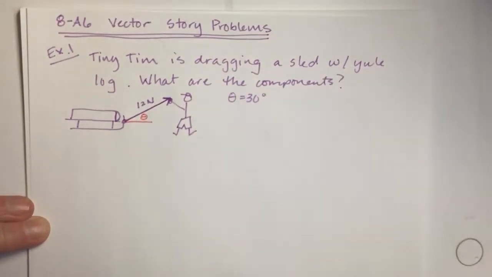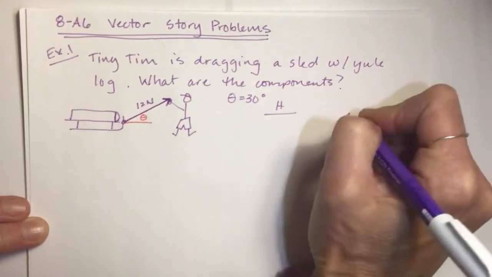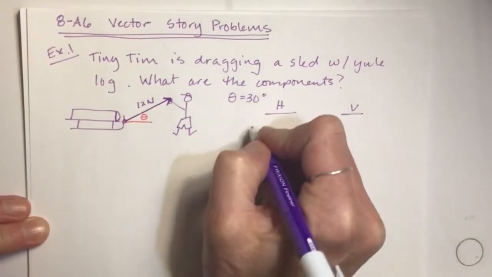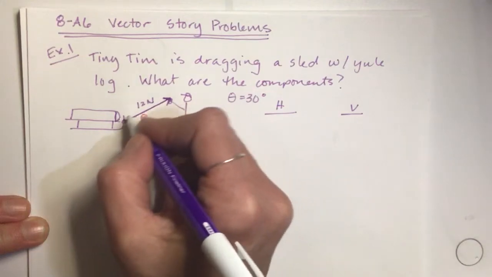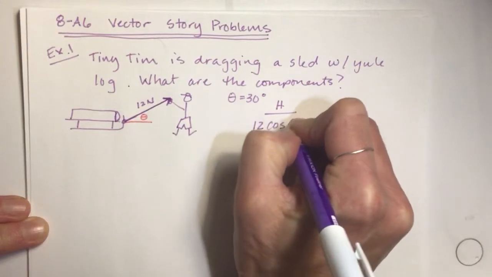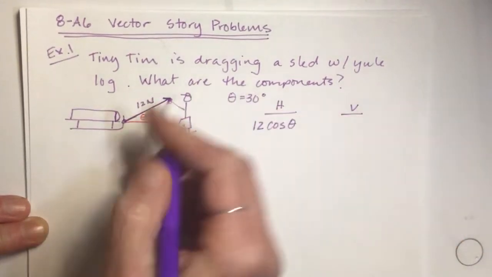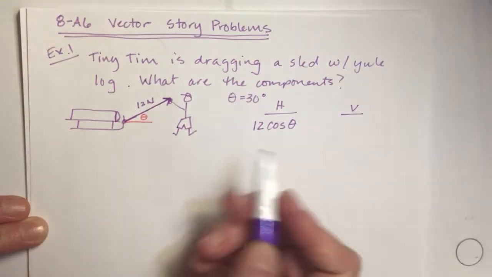We'll make it easy. For the components, you're just going to do what we've been doing before, horizontal and vertical. We're going to take that hypotenuse of our triangle and do 12 cosine theta. Cosine is going to give us that horizontal component, that adjacent side.